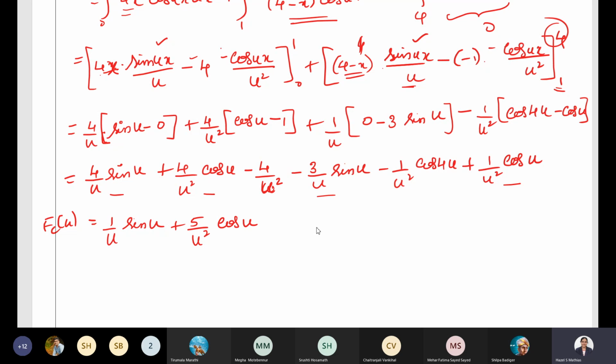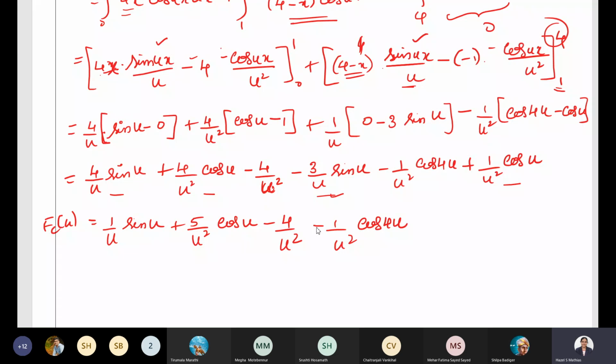Then what else is remaining? Here you have minus 4 by u square. Then this term is already considered. What else is remaining? Minus 1 by u square into cos 4u. Is it okay? Check, everybody.